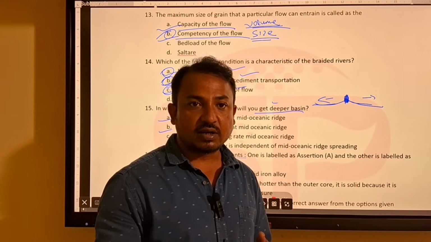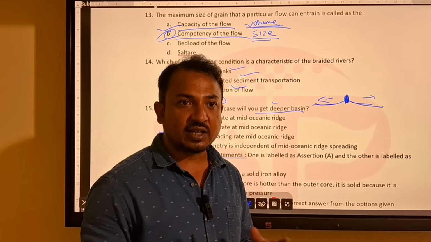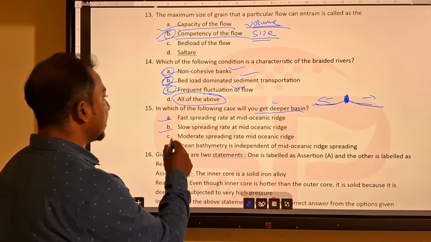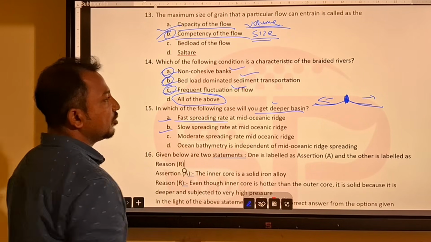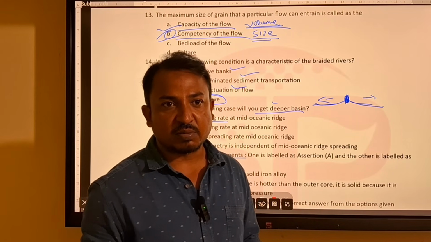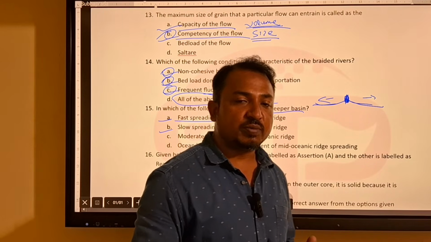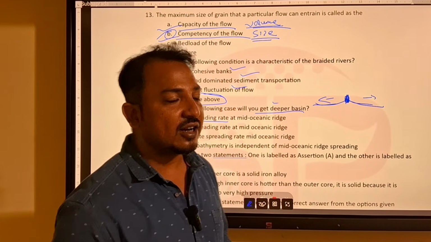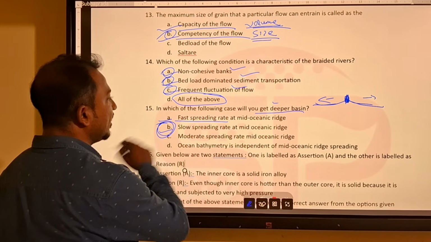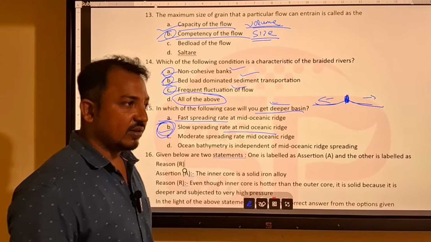So that's why a slow spreading ridge will produce a deeper basin than a faster spreading ridge. The faster spreading ridge has more magma production, the slower spreading ridge has less magma production. And with slower spreading, the crust gets more time to become cooler and denser and gets more subsidence. So the answer will be: slow spreading ridge produces a deeper basin.